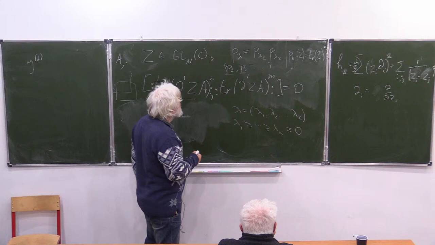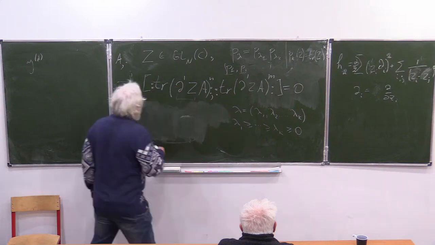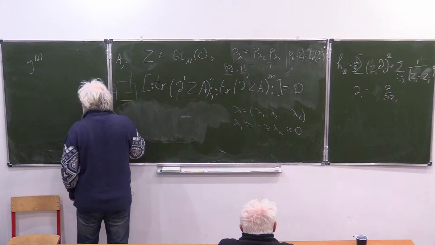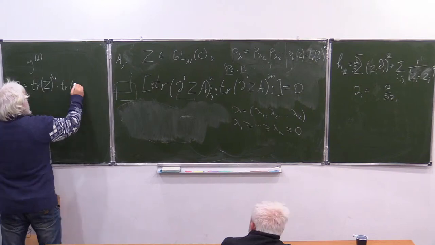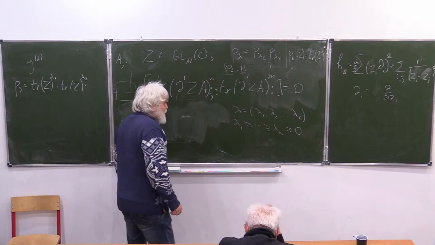Okay, I want to introduce some variable. p lambda will be the product of trace Z^lambda 1, trace Z^lambda 2, and so on. The number of non-vanishing parts is called the length of the partition, and the sum of these parts is called the weight of the partition.